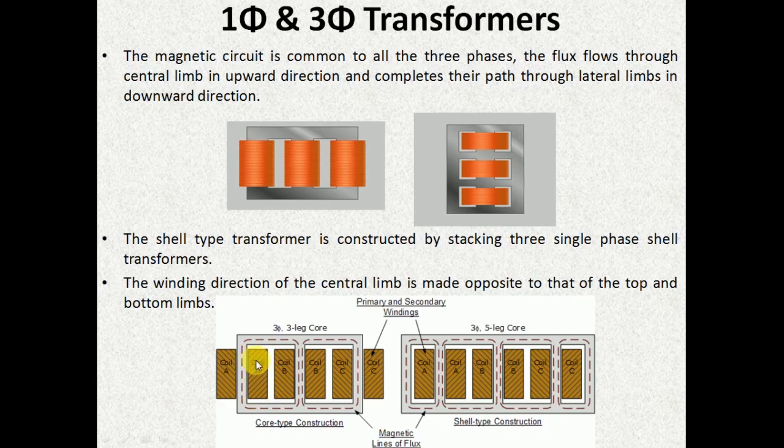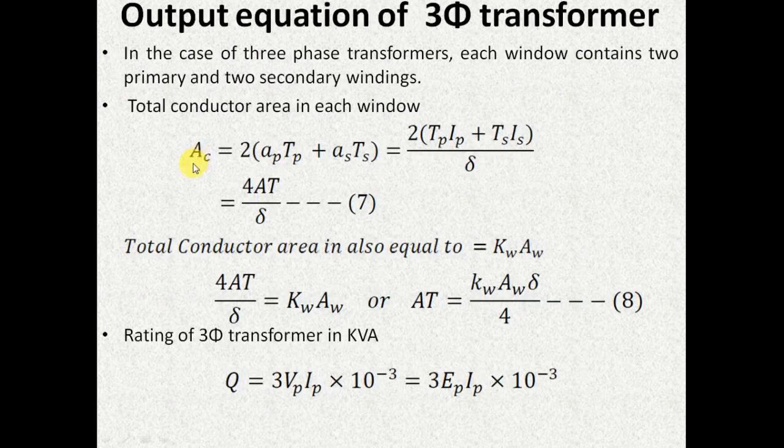This portion comprises the primary and secondary windings of phase A, and this portion comprises the primary and secondary windings of phase B. Therefore, the relation for copper area in a window can be written as ApTp plus AsTs into 2. This 2 has come here because each window consists of both the primary and secondary windings of two phases.